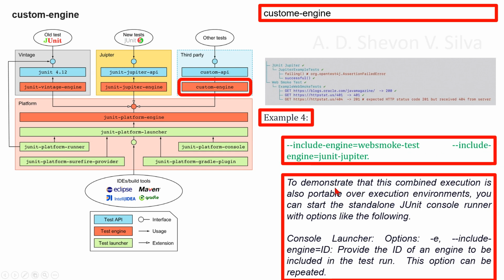Here the console launcher option -e, or --include-engine, provides the ID of an engine to be included in the test run. This option can be repeated. As a result, you get a nicely colored console output here.